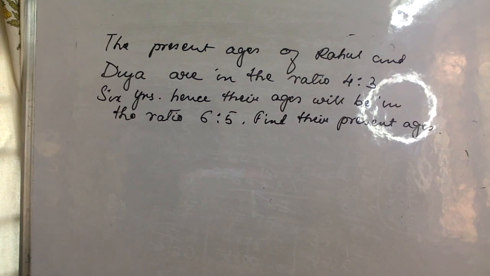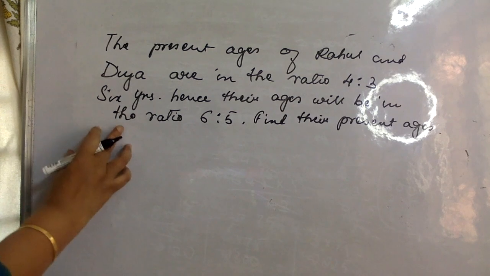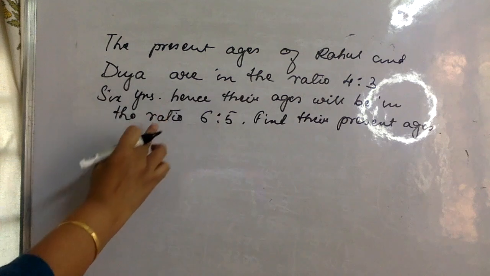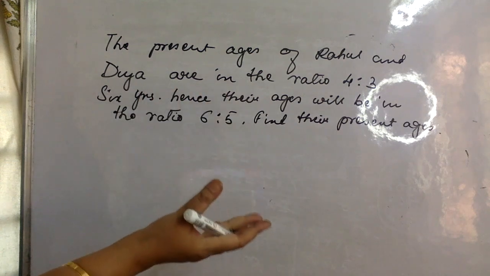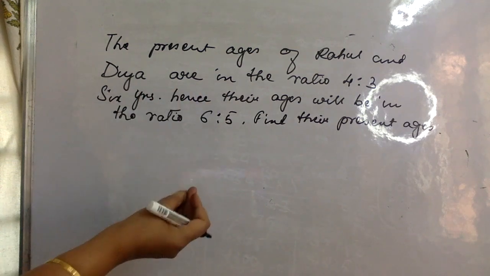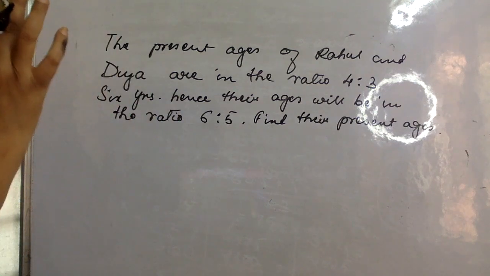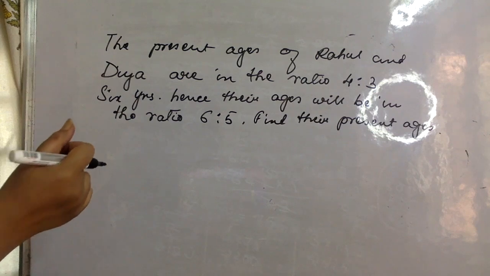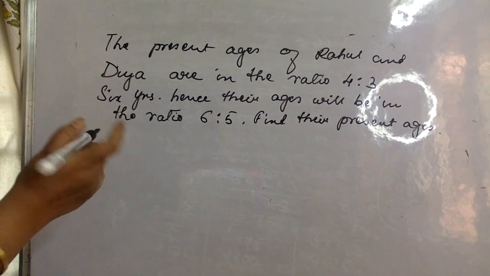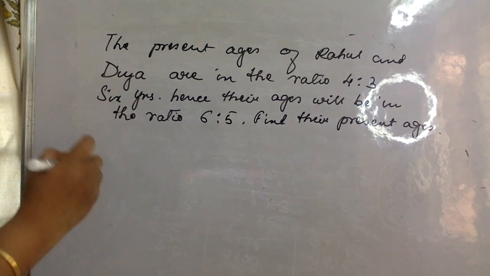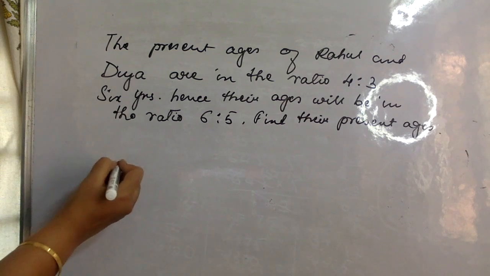The present ages of Rahul and Diya are in the ratio 4:3. Six years hence their ages will be in the ratio 6:5. Find their present ages. Present ages are in the ratio 4:3. Now what do we do? Again we'll take a common multiple, x.